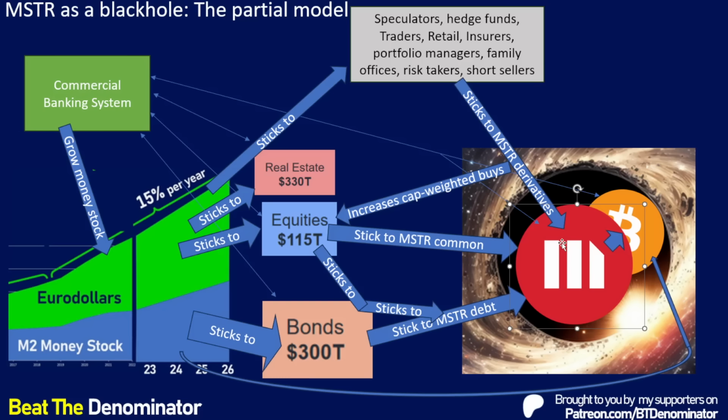But in the actual way that it works for such a big company like MicroStrategy, when you have derivatives, when you have a bunch of options, when you have a bunch of risk takers and speculators buying the derivatives on your asset, what it does is it increases the value of the asset, thereby increasing the market cap weighting of these assets in those index funds, in that perpetual bid coming from retirees from around the world.